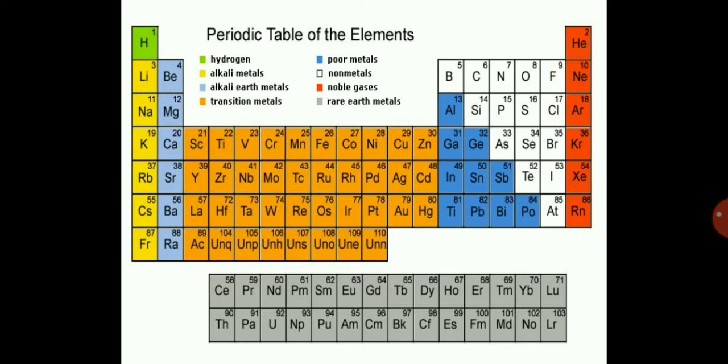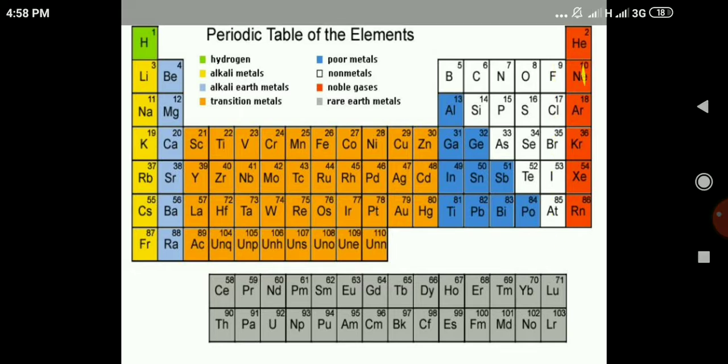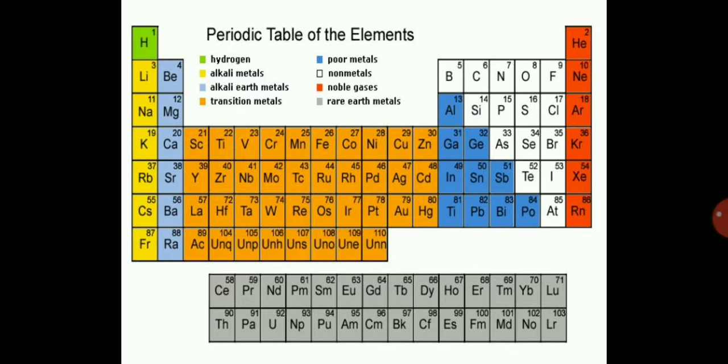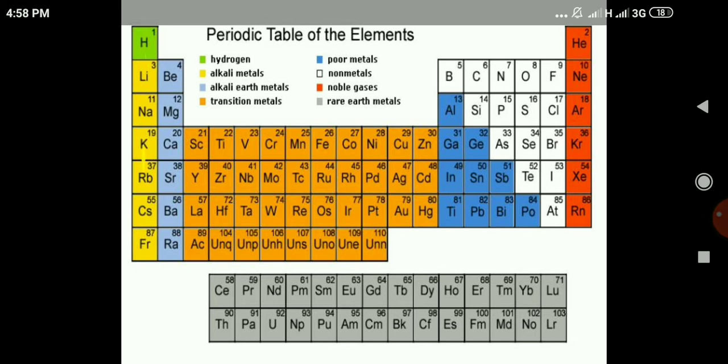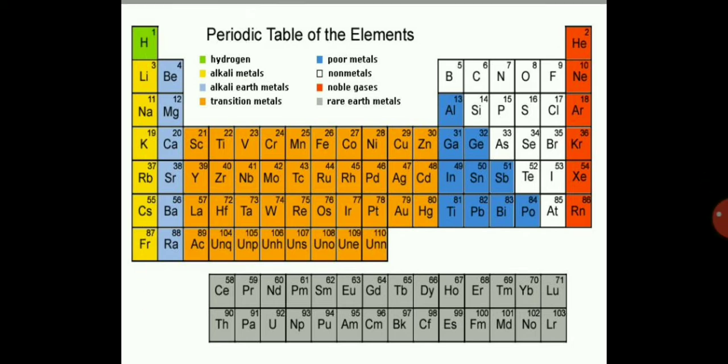These are the halogen groups. And this is known as the inert gases: helium, neon, argon, krypton, xenon, radon. And this first group is known as the alkali metals, and this is known as the alkaline earth.